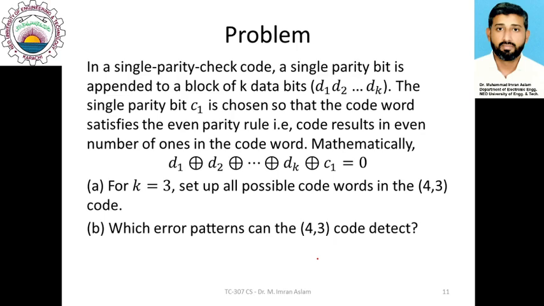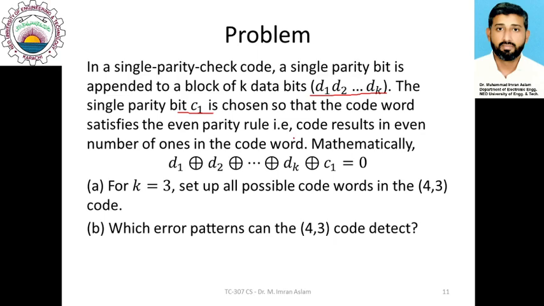Let us take a single parity check code, where a single parity bit is appended to a block of k data bits. We have a k-bit data block and we are adding a parity bit here. You can see that the parity bit is represented by C. As I mentioned, we should add the parity bit according to a certain rule.